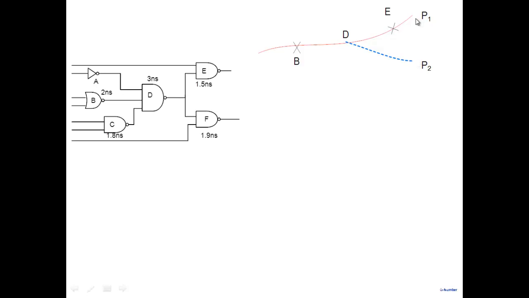So this may be the longest path, and this may be the second longest path. We intervened at E and reduced the delay here, but nothing happened on this particular path. If the difference in the delay between these two paths was not very large, you may improve this path, but the other path has not improved much.